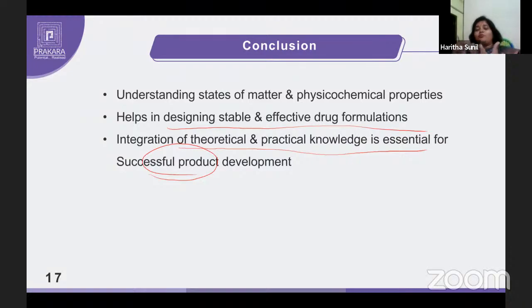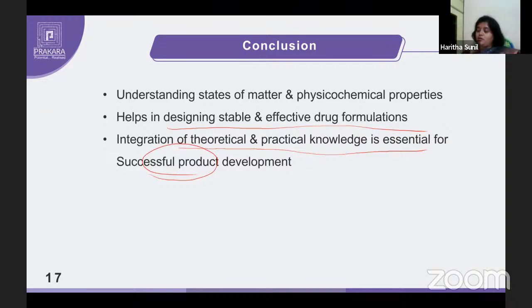So the states of matter as well as physicochemical properties of the drug, they should have a strong foundation for addressing the regulatory, manufacturing, as well as the therapeutic challenges, right? So one should have a brief knowledge about the states of matter and the drug properties, which enables innovation as well as excellence in the pharmaceutical formulation and the product development.